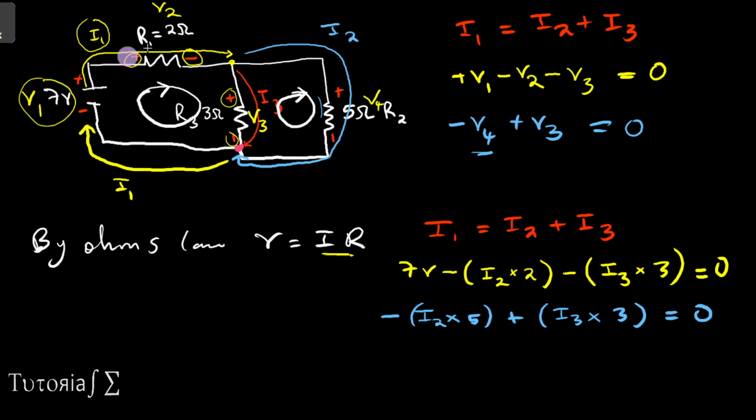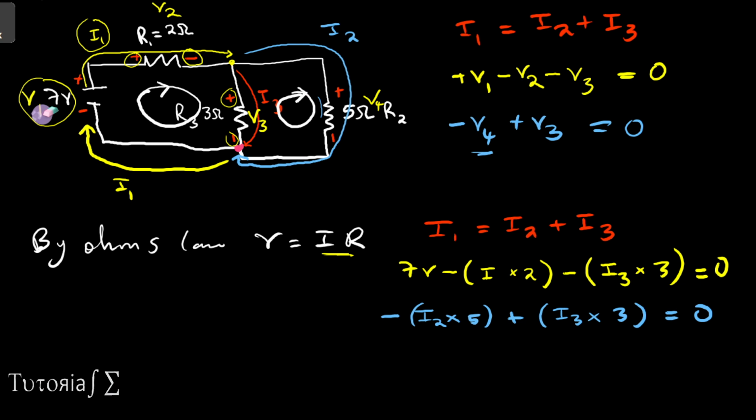Then for voltage 2, we don't have voltage there, but we know that the current going through there is current 1, so I'm supposed to put current 1 here, sorry. It's good to check through your work so that you avoid mistakes.